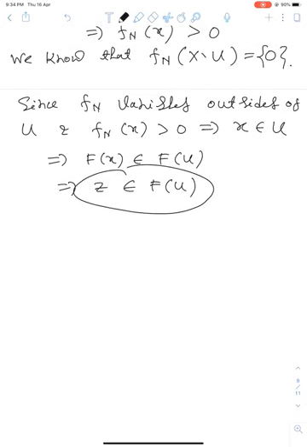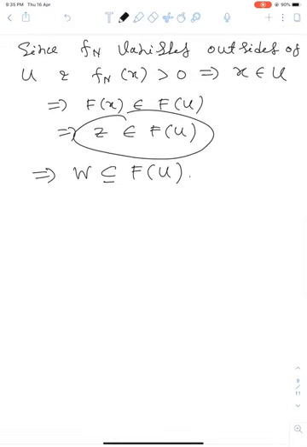So that implies W is a subset of f(U), right? So f(U) is open in Z.